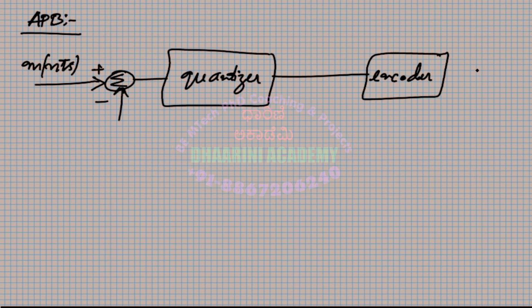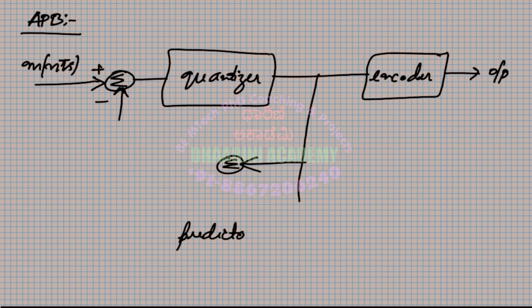All right, so the encoder provides you the output. But you see here, in the quantizer I need a summer block that actually takes the input from the output side and provides you an input. Another input comes from the predictor that is located here. There is a predictor. Whatever came here is one input, and there is another input to the predictor that actually comes from this.